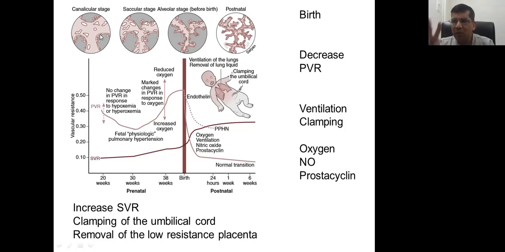Your cardiac output has shifted from the non-functioning lung to the lung. We also know that there are three shunts: the ductus venosus, the PFO, and the PDA. These shunts play a very important role.